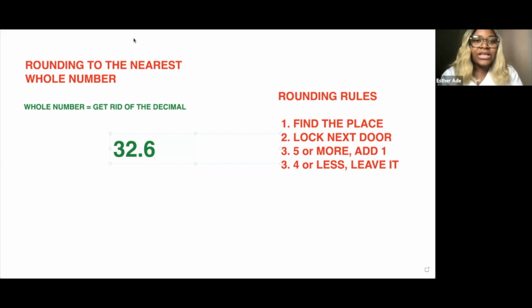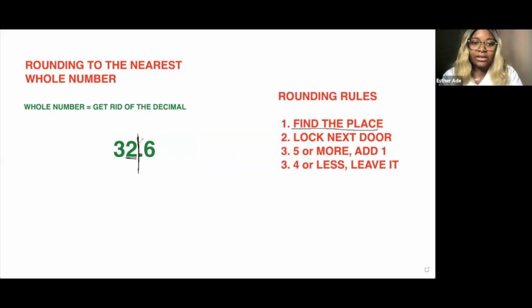So here is the decimal point. Basically I need my answer to end before the decimal. So that is rule 1. Find the place. I need my answer to end right here.